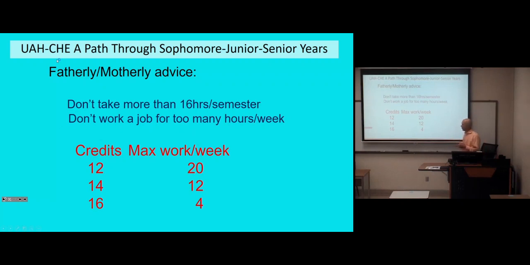Don't work a job for too many hours a week. Okay? This is a job. College is a job for you. If you have conflicts between the amount that you have to work and the amount that you can go to school, okay, we would prefer you not to cut back on the number of your classes, but we're here to help you if that's what you need to do.